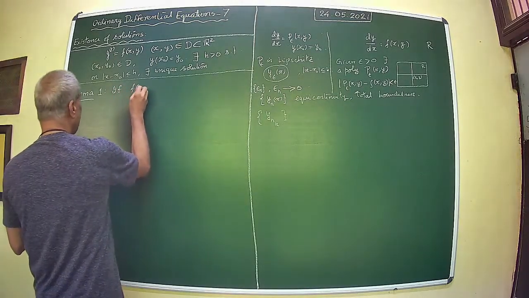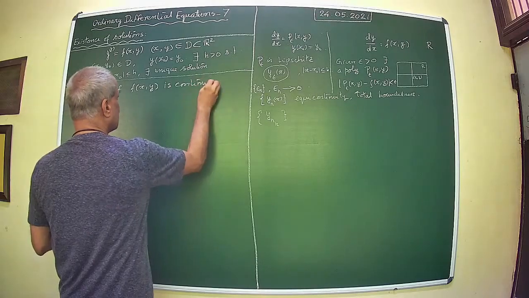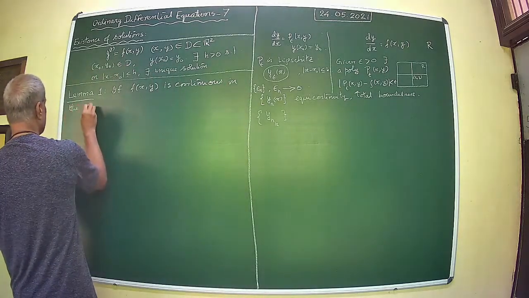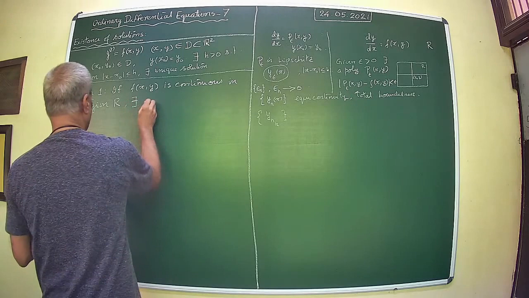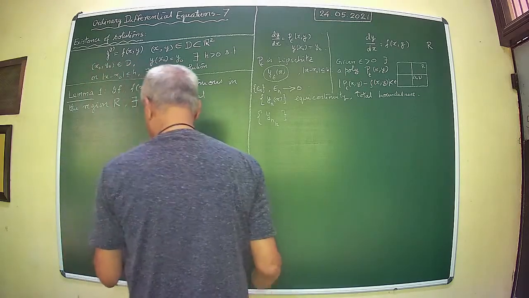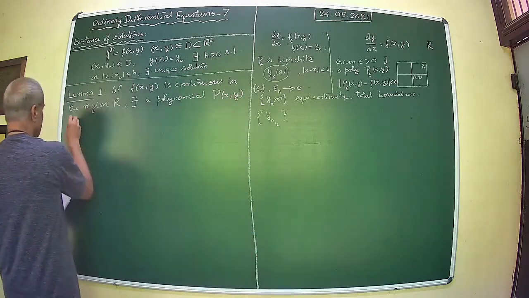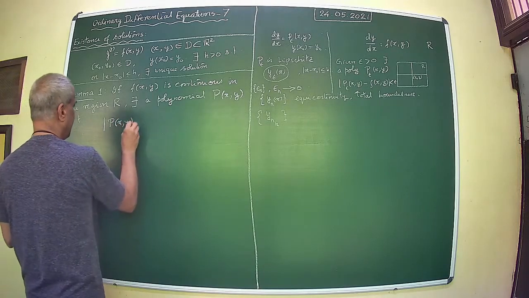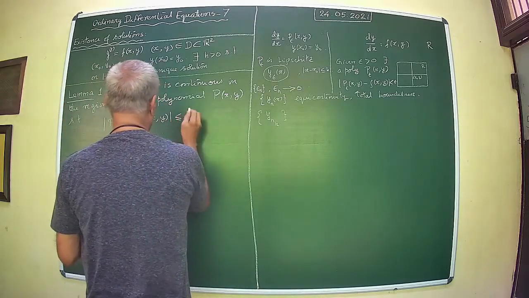If f of x, y is continuous in the region R, then, given epsilon positive, there exists a polynomial p(x, y) such that the modulus of p(x, y) minus f(x, y) is less than or equal to epsilon.